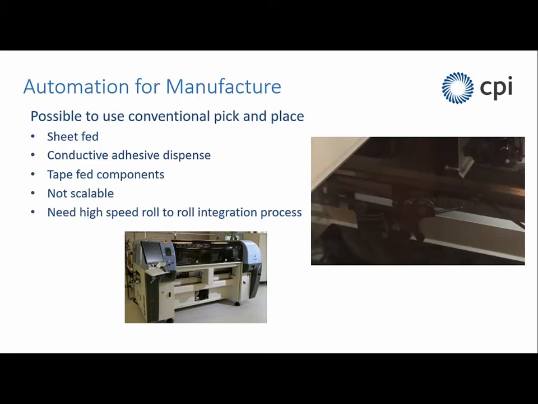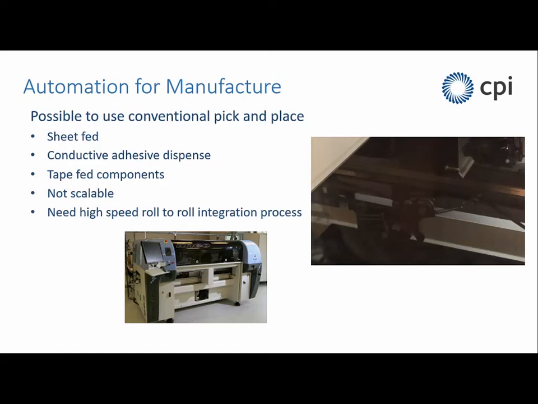It's a straightforward process. It's sheet fed, so it's a relatively slow process. We had screen printed conducting adhesives in that case, but you can also dispense the conducting adhesive through syringe and so on as part of the assembly operation. All the normal things apply, tape fed components.